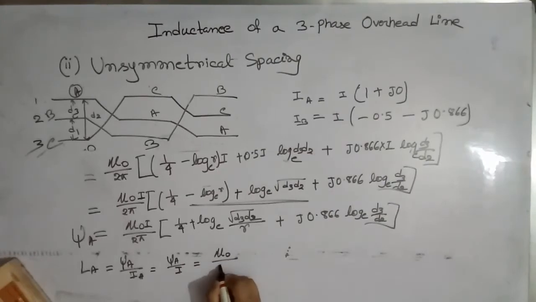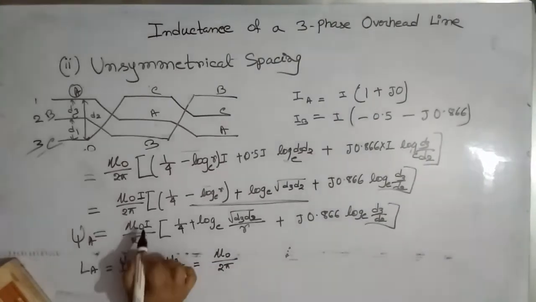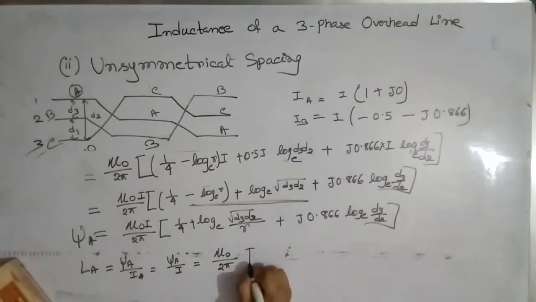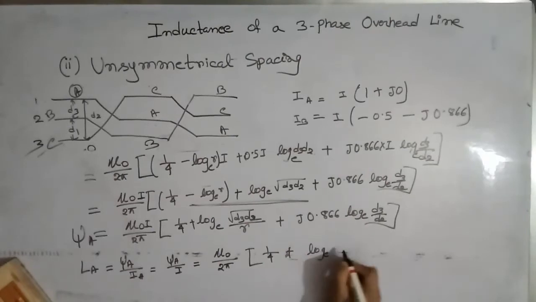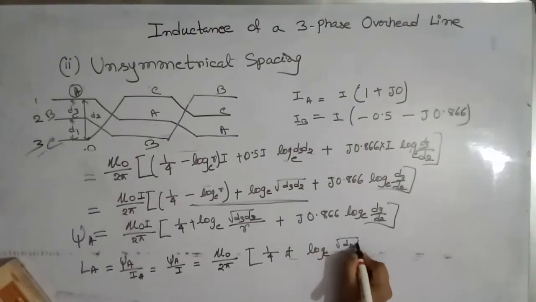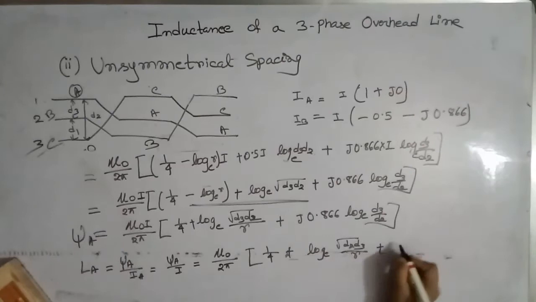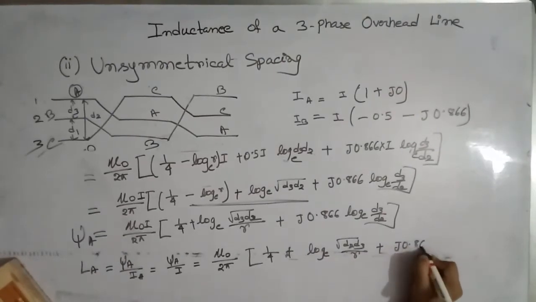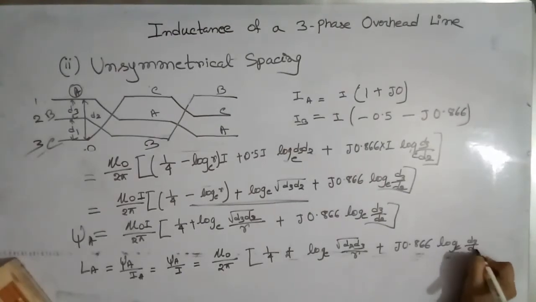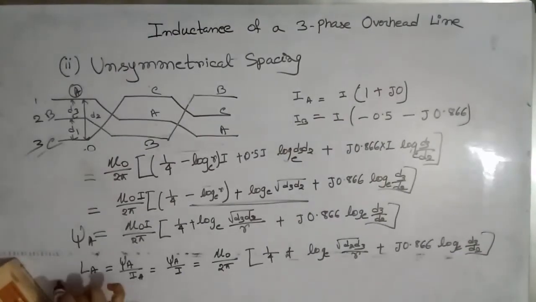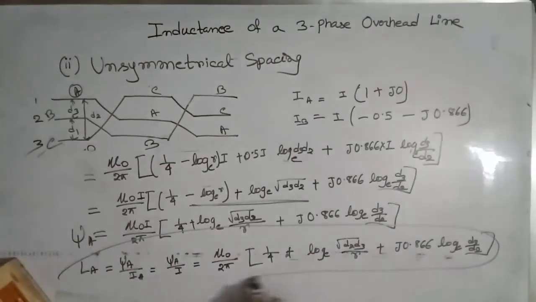Mu 0 by 2 pi, I cancels out, 1 by 4 plus log e root over D2 D3 by R plus j 0.866 log e D3 by D2. So this is the expression of inductance of conductor A for a three-phase overhead line.